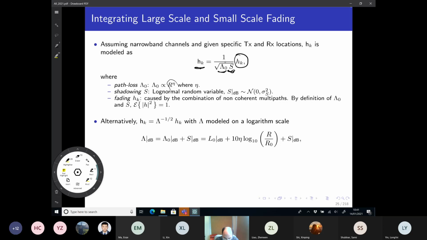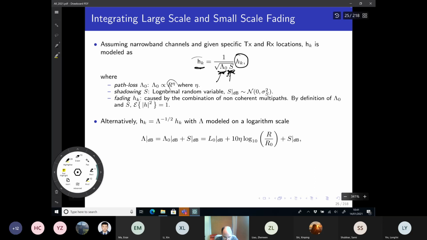And I have a square root here because I'm looking at the channel gain. If I'm looking at the magnitude squared of this, which would relate to the received power, then obviously your received power is a direct function of eta. So that means the magnitude will be a function of the square root here of the lambda, sorry. I have the path loss, I have the shadowing, so this is log-normal distributed.